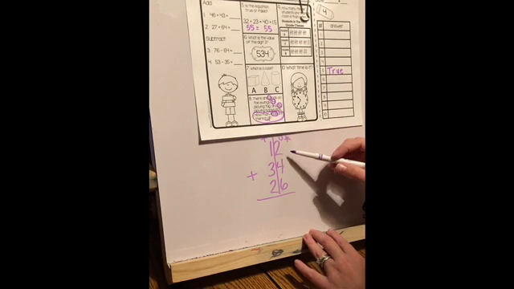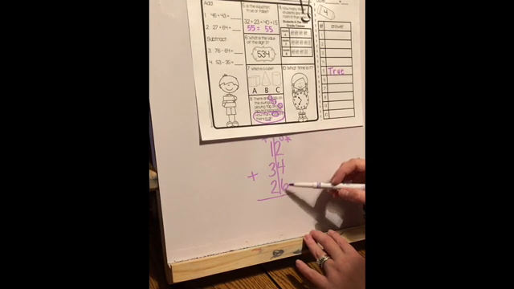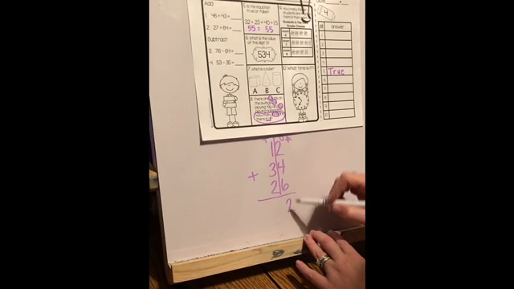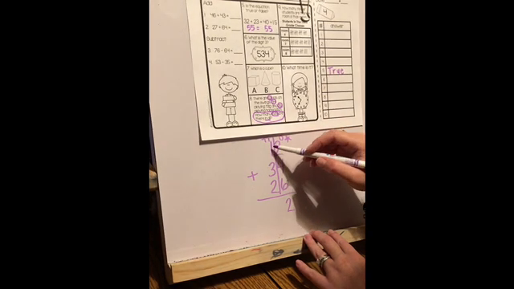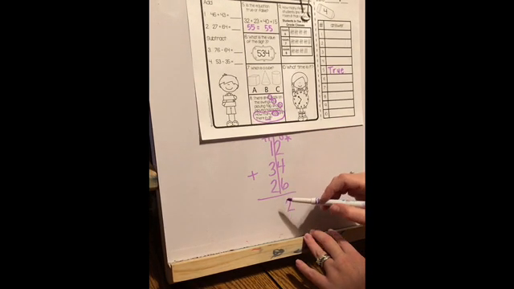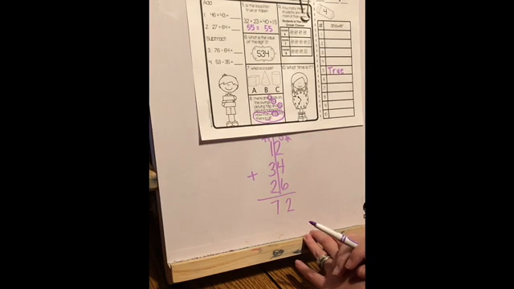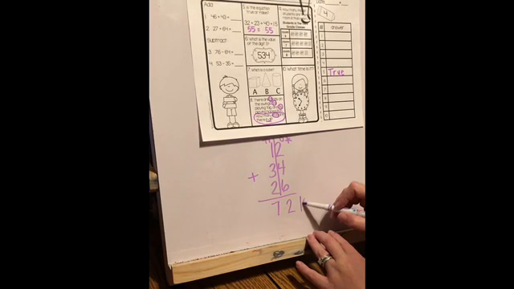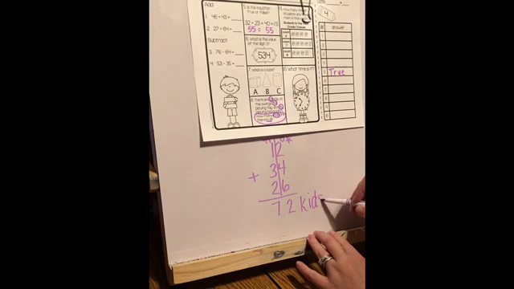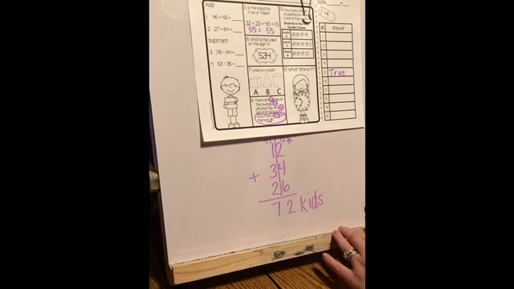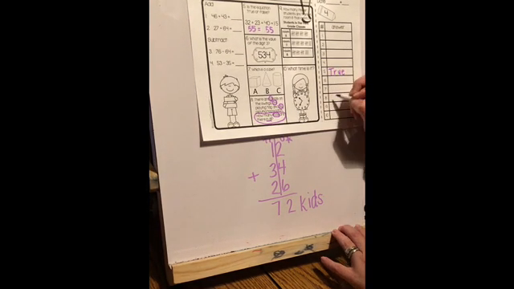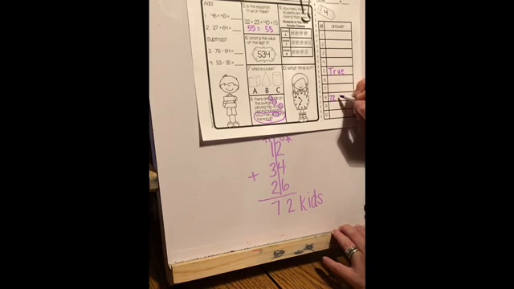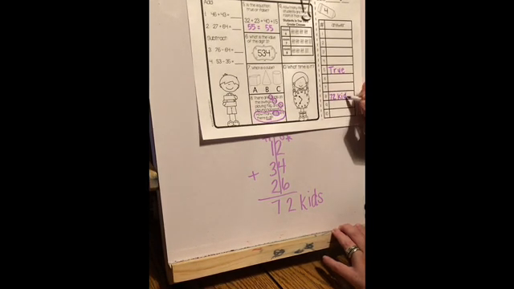Start adding in the ones. 2 plus 4 plus 6 is 12. We need to regroup. 1 plus 1 plus 3 plus 2 is 7. So we would know that there are 72 kids in all. So we will go to number 8 and write 72 kids.